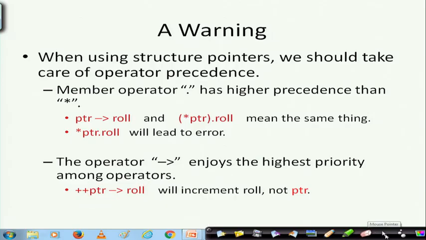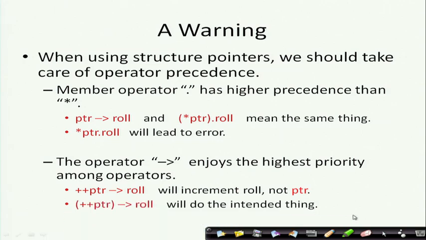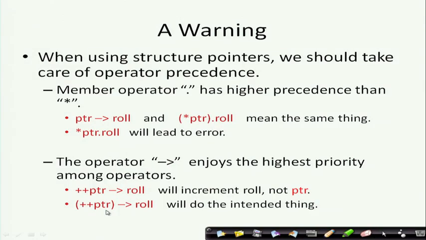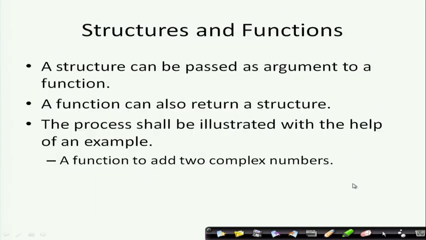So, that will not have higher precedence than the arrow operator. If I want to first increment the PTR and then get the role, then plus plus PTR in brackets, arrow role will do the intended thing. This will not do the intended thing. I hope this part is clear.